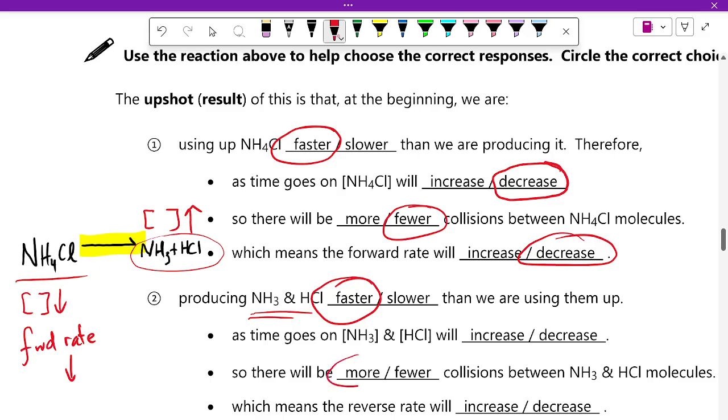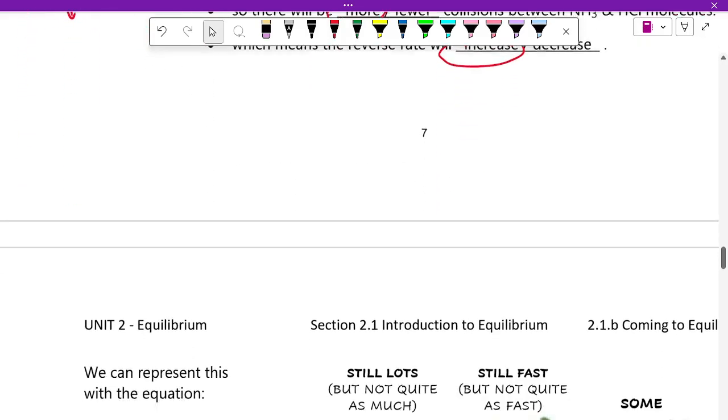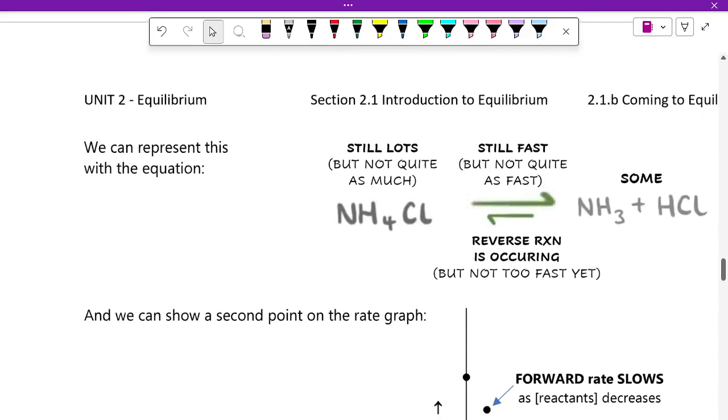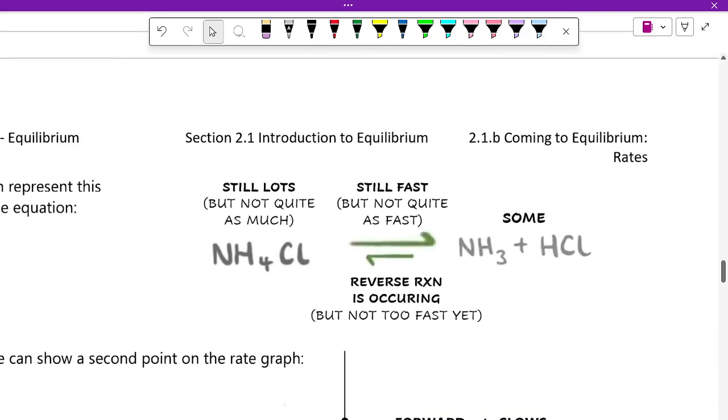There will be more collisions. And so what will happen to the reverse rate? If there's more collisions, the rate is going to increase. So the forward rate is decreasing, the reverse rate is increasing because we are using up reactant and we are making product. All right, so we can now represent this.